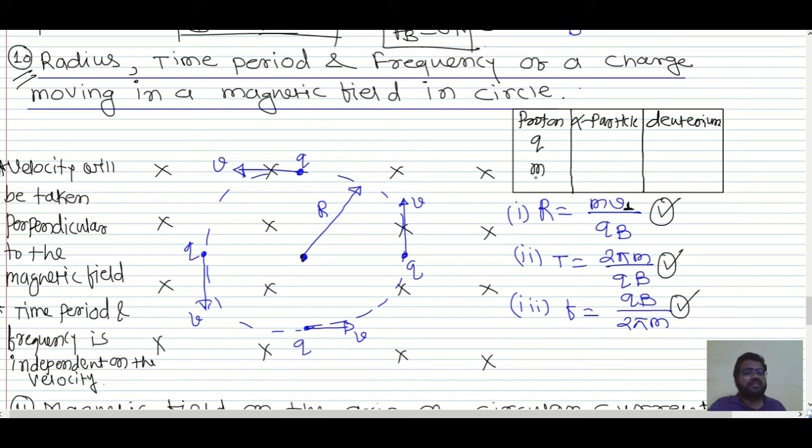So if you consider charge on proton as q and mass of proton as m, then charge on alpha particle we have is 2q and charge on deuterium we have is q. Mass of alpha particle we have is 4m, that is I am comparing with proton, and deuterium we have 2m. So these values you need to remember always, because in most of the examinations they will give deuterium, alpha particle, proton, likewise questions. Okay. So I hope this is clear.